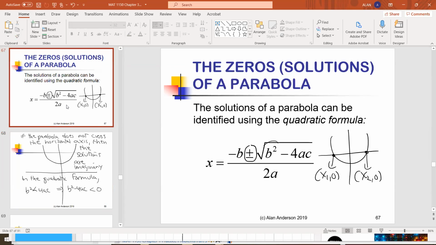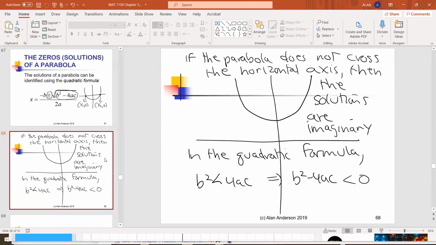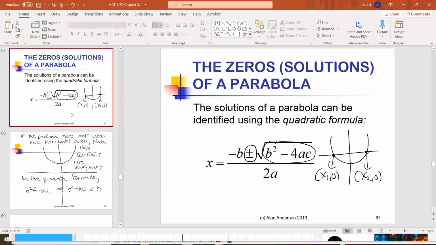Okay, so in other words, if this term is negative, then you'll end up with imaginary solutions. And that would again indicate that the parabola itself does not touch or cross the horizontal axis. Okay, so for the most part, we'll just stick with cases where this isn't happening, but just be aware that this is a possibility.